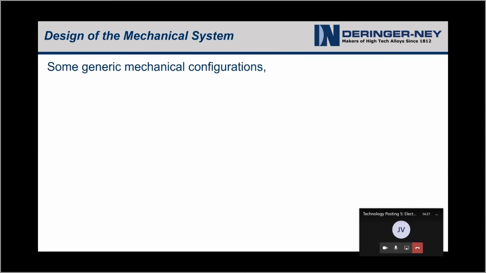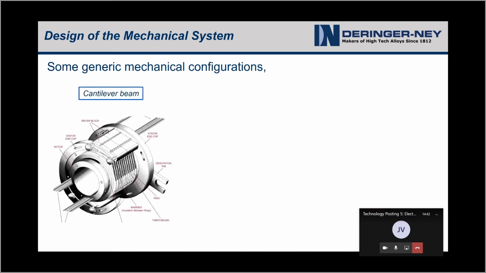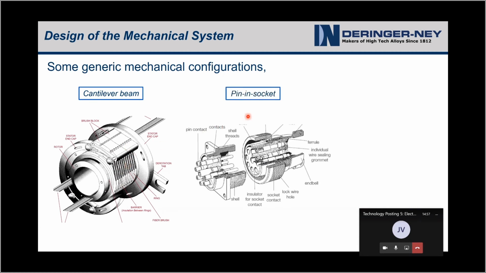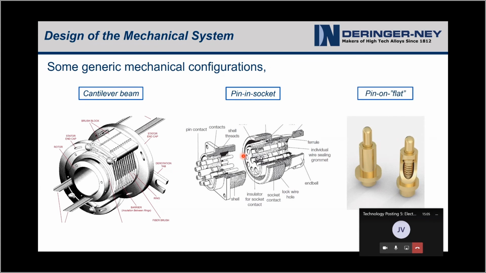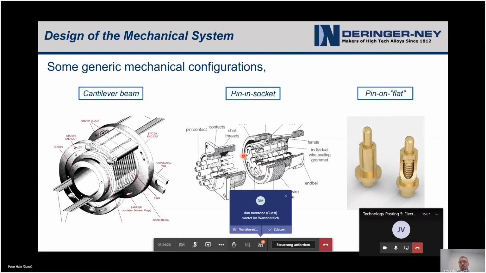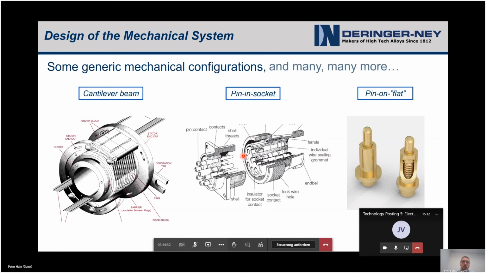We make many different types of configurations of electrical contacts. Represented here are some assemblies that include electrical contacts. As you see here, this is a slip ring assembly that utilizes a cantilever beam contact, standard pin and socket contacts that utilize many different configurations of materials, and then pogo pins, or contacts that are typically used as some spring pin on, say, a flat.